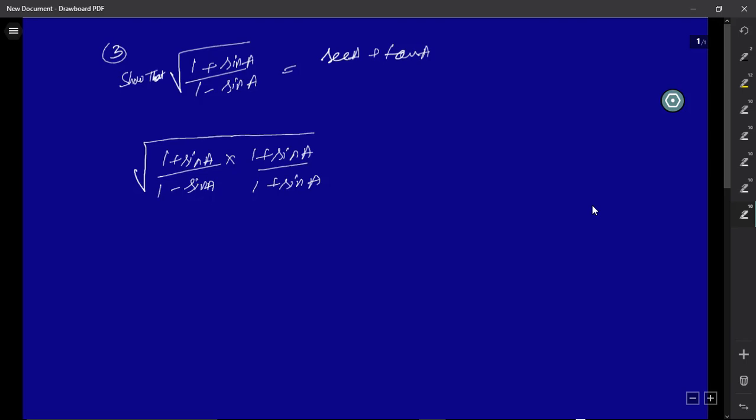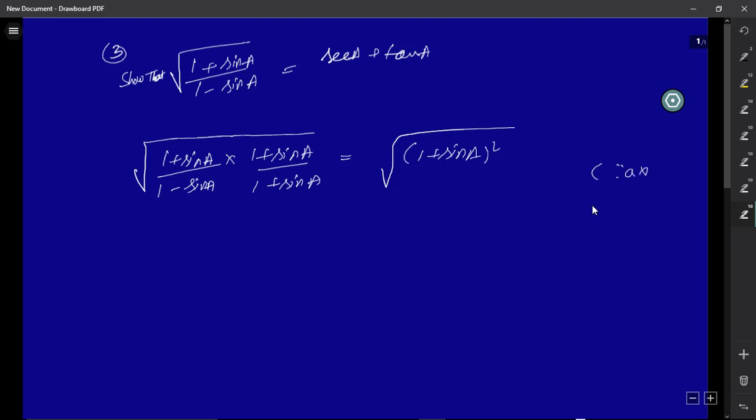If the denominator would have been 1 plus sine a, I would have multiplied by 1 minus sine a. We just have to change the sign and multiply. So the sign here is minus, I'll change it to plus, so it becomes 1 plus sine a. I'll multiply and divide by 1 plus sine a, as simple as that. Now 1 plus sine a into 1 plus sine a is (1 plus sine a) whole square.